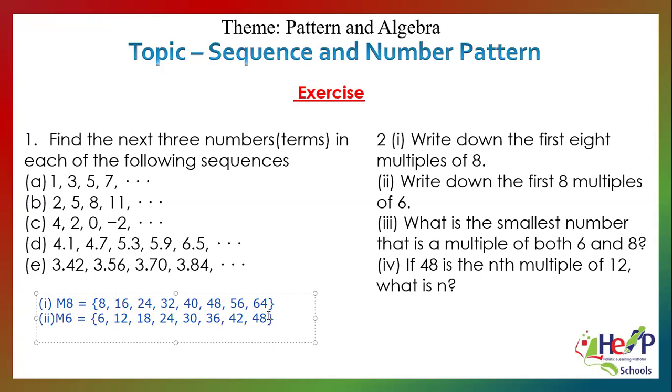Tyrus, first tell us, how are you getting the multiples of 6? I said 1 times 6 equals 6, 2 times 6 equals 12, 3 times 6 equals 18. What are multiples, first of all?